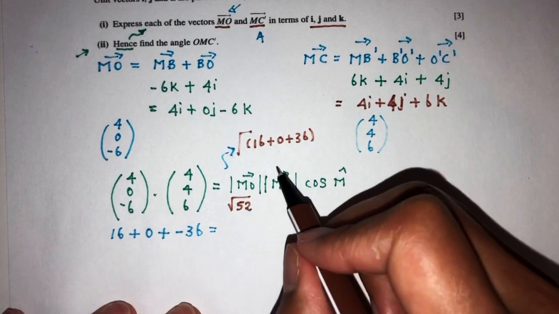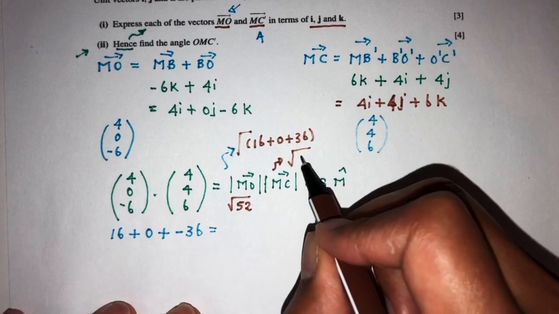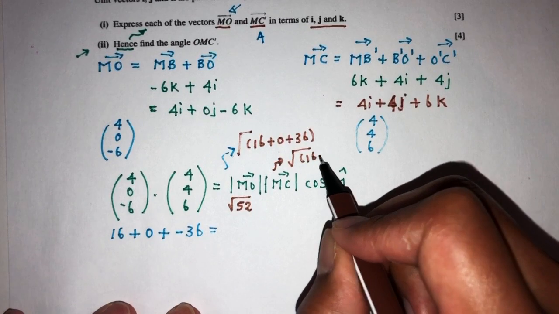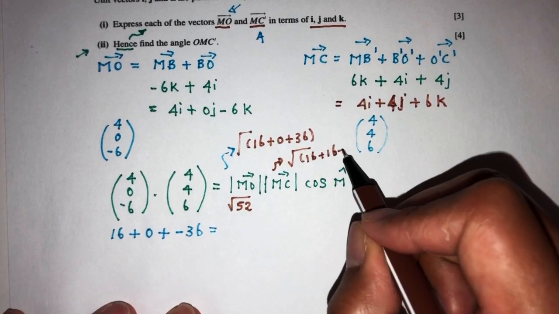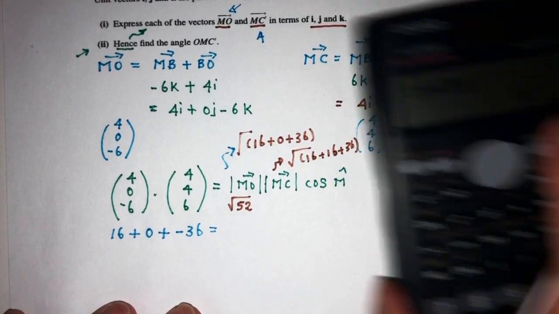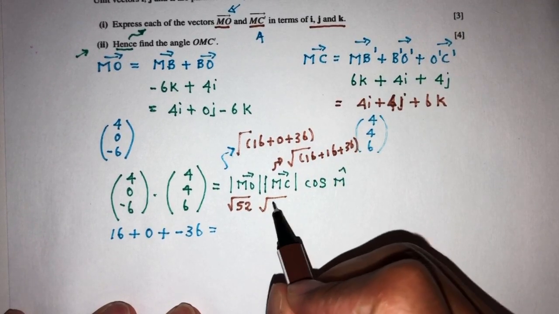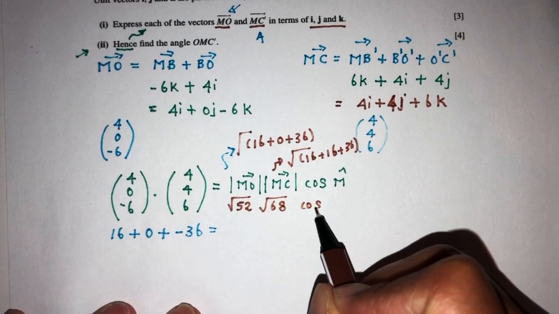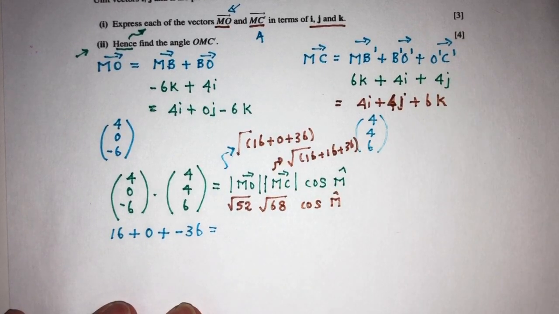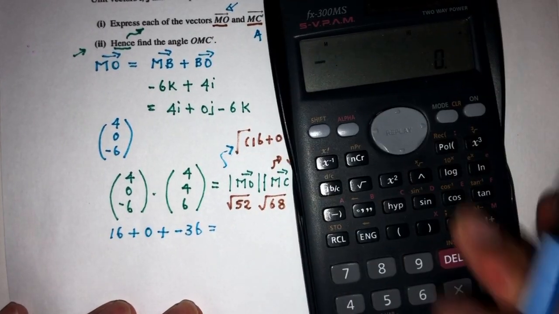Now for this one, same steps. Square root of squares, that will be 16 plus 16 plus 36. That will give you what? 16 plus 16 plus 36, that will be 68. That will be cos of M. Okay, so let's simplify this.